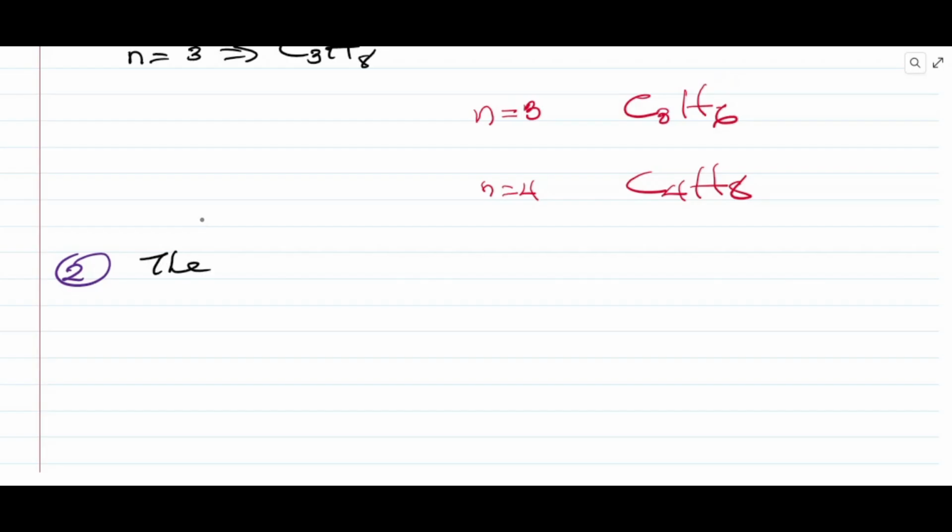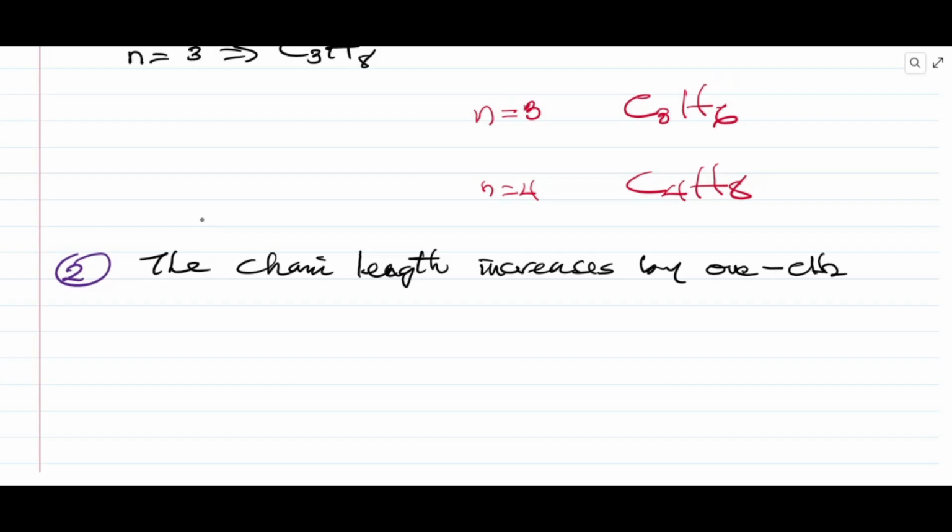I can write it as: the chain length increases by a constant unit, or you can just say by one CH2 unit at a time.